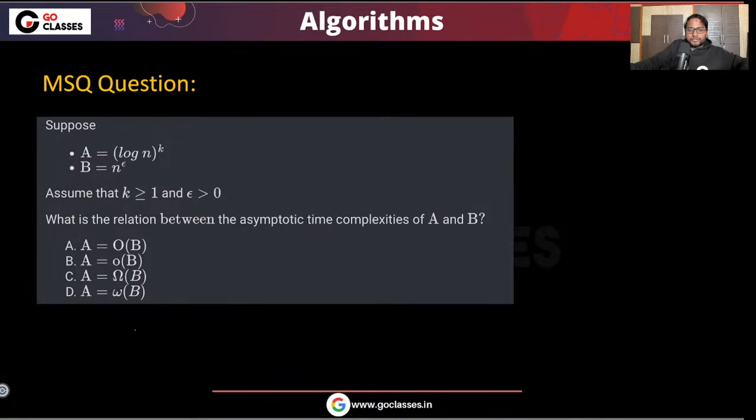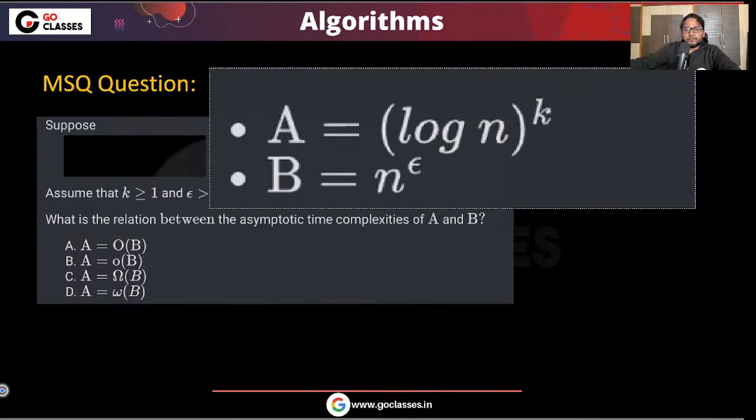Let's see this MSQ question. Suppose that a is this, b is this, and let's suppose that k is greater than or equal to 1. You can take any value of k, and any value of epsilon, where epsilon has to be just greater than 0.